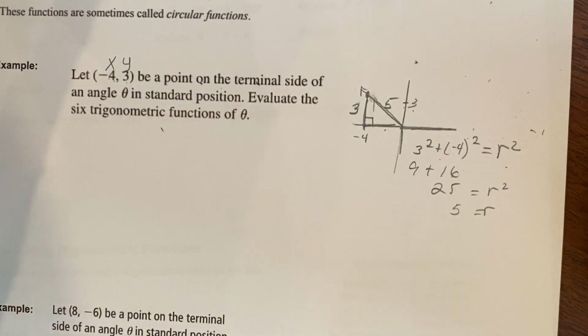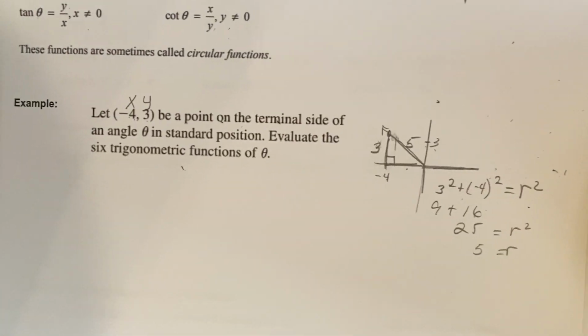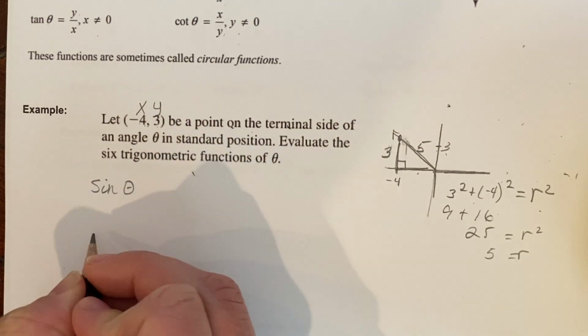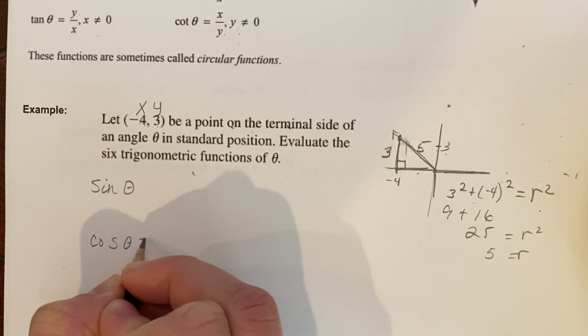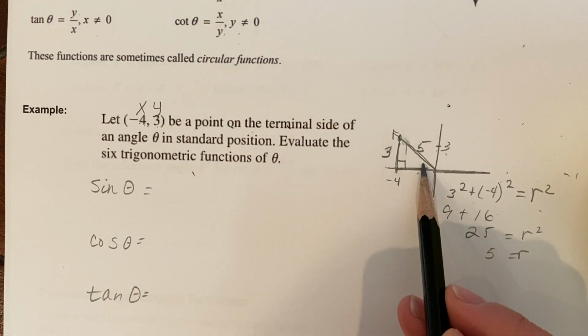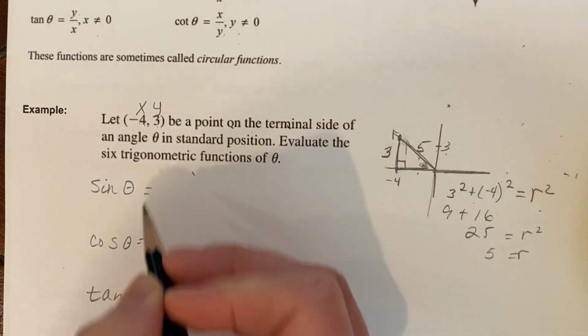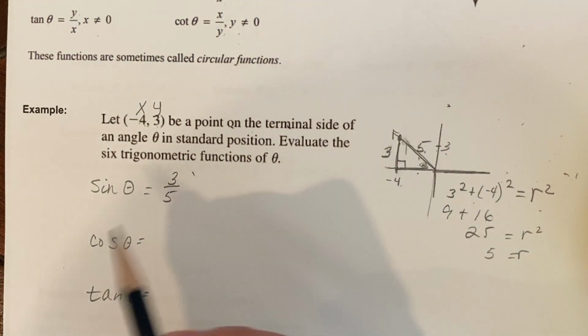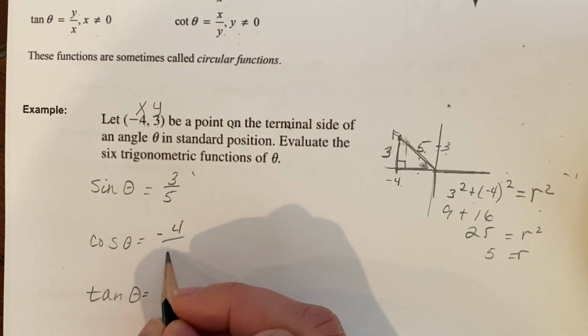So let's start with our original 3 that we have. So we have our sine theta, cosine theta, and tangent. Okay, so again, we're going to use the acute angle here. So for sine, opposite over hypotenuse. Cosine, -4 over 5, because it's the adjacent over the hypotenuse.